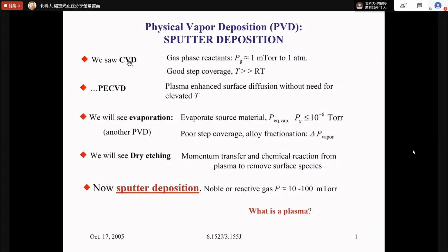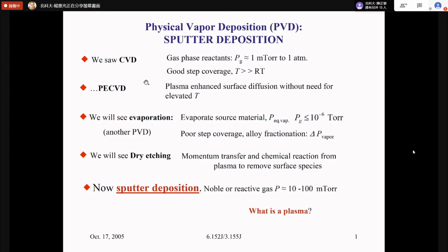We talked about the CVD, where the gas phase reactants are introduced and purged into the reactor. And we always find good step coverage, right?